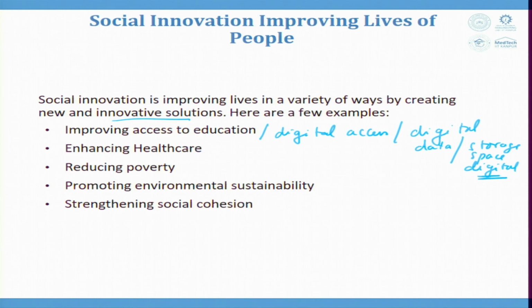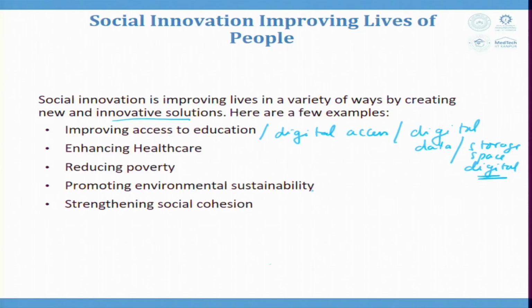If you invest a lot of money in the early age of a person in having better health care, then in later days you do not have to pump in huge money. Then reducing poverty, promoting environmental sustainability, encouraging people to stop deforesting, and strengthening social cohesion. These are a few examples wherein social innovation is improving lives in a variety of ways.